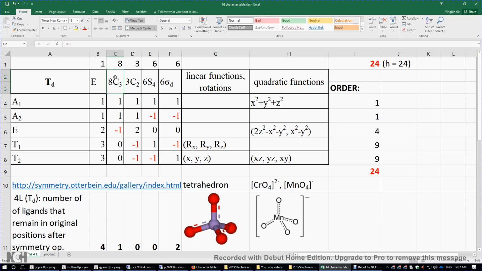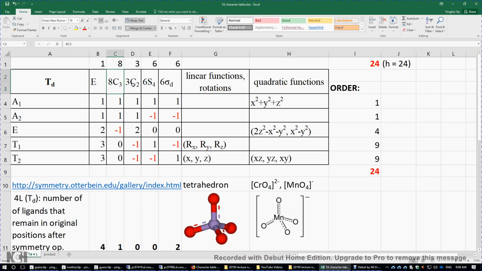Why 8 symmetry operations? Well, you can rotate this transition metal complex about this C3 axis 120 degrees or 240 degrees. Therefore, each C3 element corresponds to 2 C3 symmetry operations.